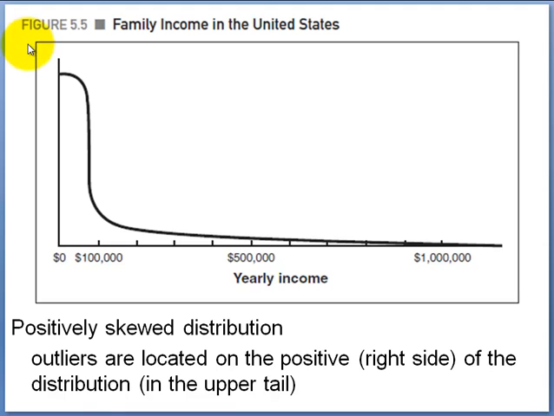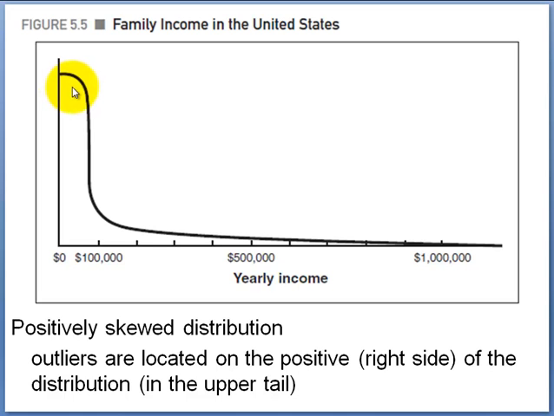Well, let's see if you can reason out intuitively why family income in the United States is positively skewed. Of course, this data here is hypothetical, but the curve for family income is quite high on the left side, the negative side.